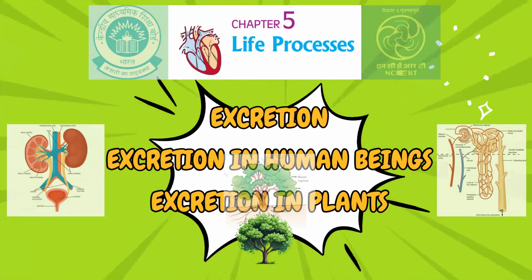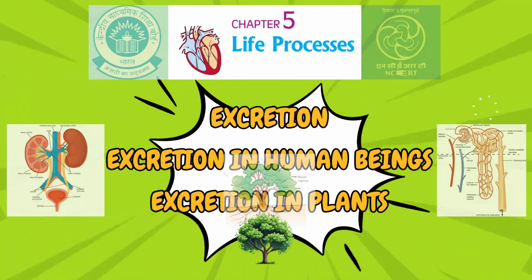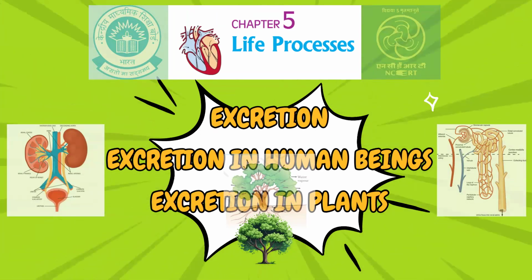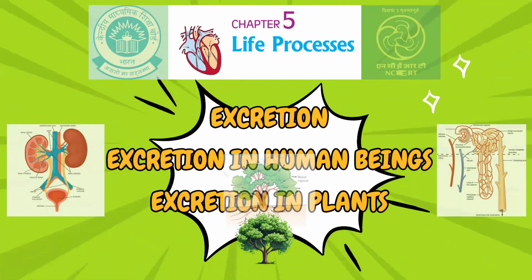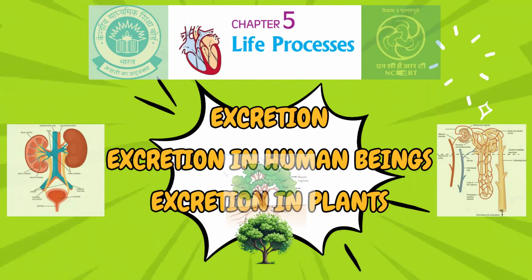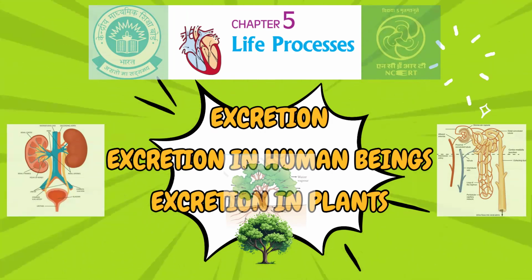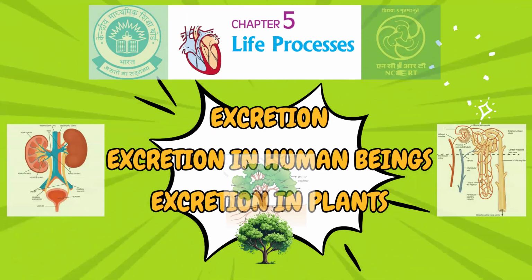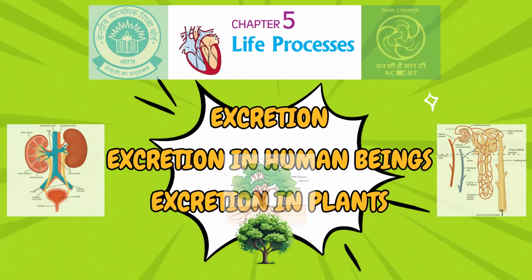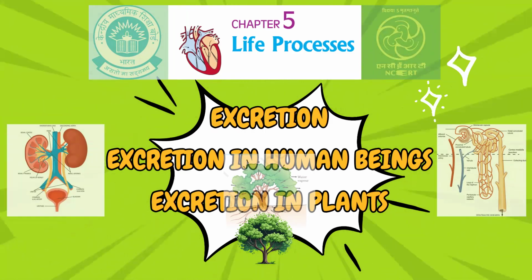Here, we just have to remember the life processes from the first to the last one. Since we are at the last one, try to correlate whatever we learned in the last three classes. First, we started with nutrition, later respiration, transportation. Now we are learning excretion.